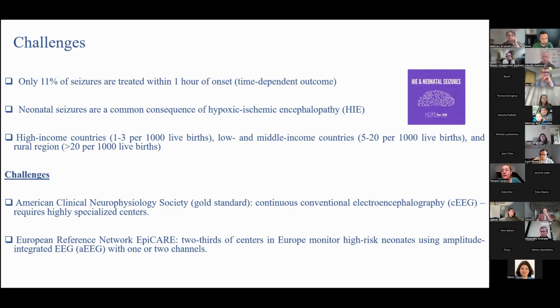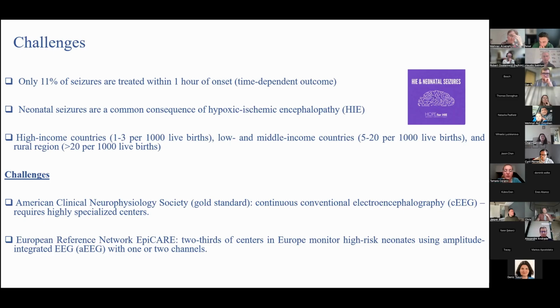The gold standard according to the USA is to use multi-channel EEG, but unfortunately in practice only highly specialized centers use multi-channel EEG. One of the reasons is that they need a specially educated medical person to interpret that EEG data.